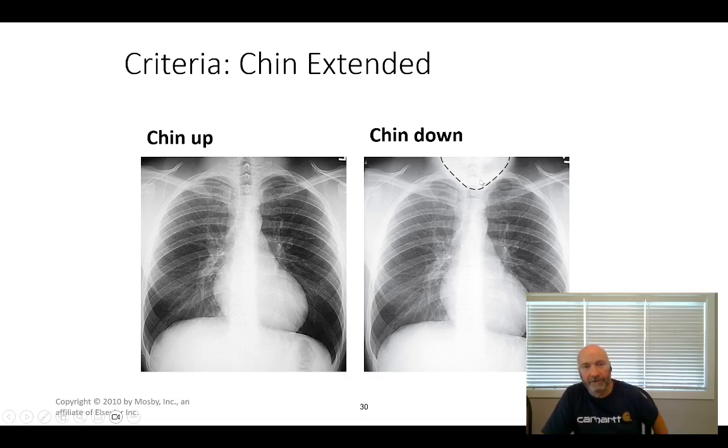It's very common on AP chest x-rays, especially if your patient's in a semi-forward position, you set the patient up part way and they have a tendency to tuck their chin a little bit. So be on guard for that, and make sure the chin's not tucked and it's not extended so far that the base of the skull might get over the top of the lungs as well. So this is ideal, this is not.